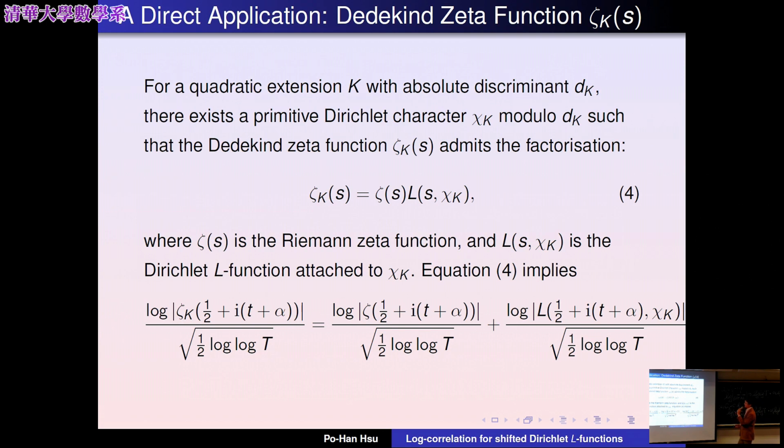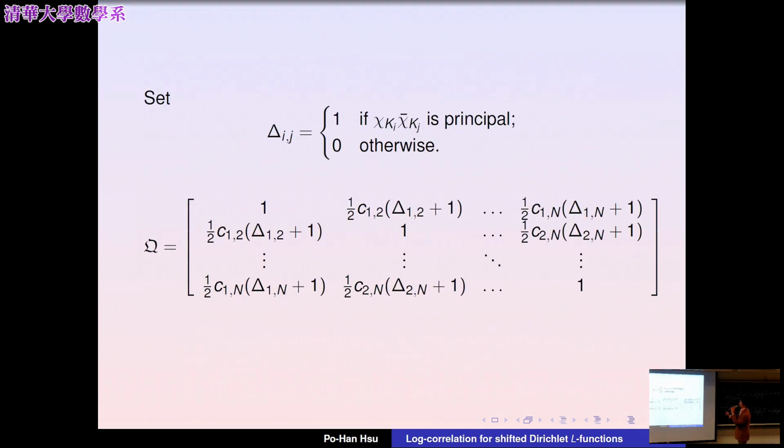Analogously, you can consider a sequence of Dedekind zeta functions. Once again, you put them as a vector. You consider the limiting behavior of such a vector. You copy the previous work, you get this theorem. So this is very broad. I only show you the covariance matrix, but actually a full statement holds.